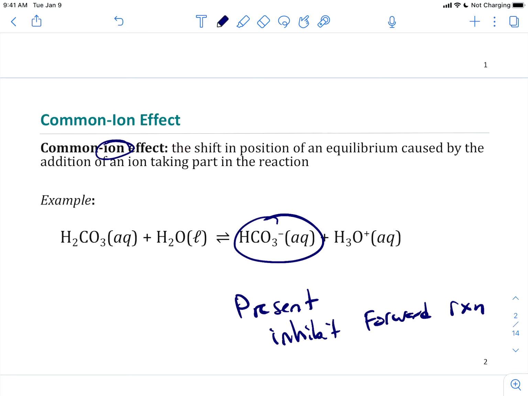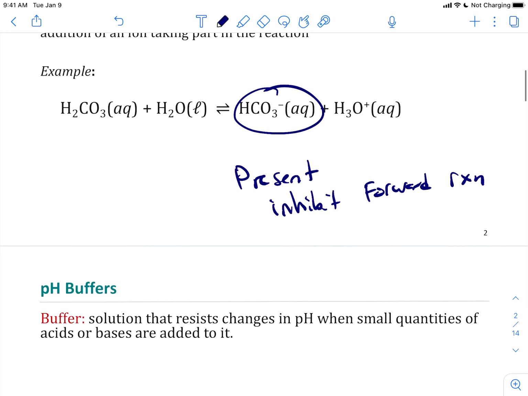Electroneutrality: if there are anions present, there have to be cations present. I'm trying to dissolve barium sulfate in a solution that has some sodium sulfate already. My solubility will be less than if it was in pure water because of the sulfate ion already present. And that's really all the common ion effect is. That's really all I want to say.